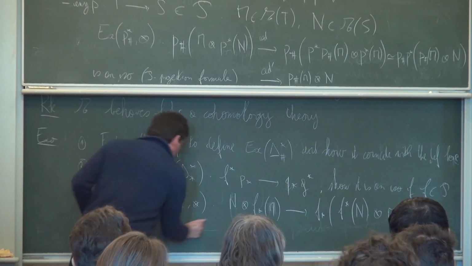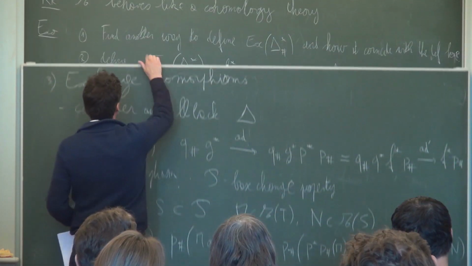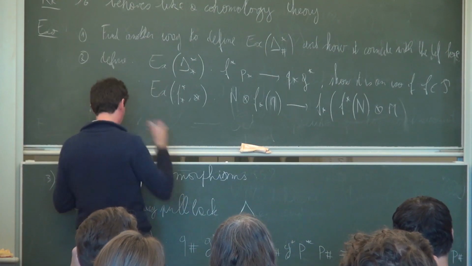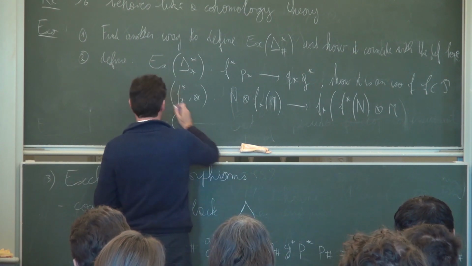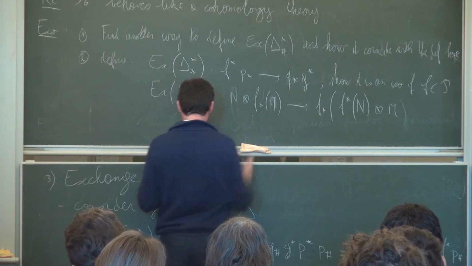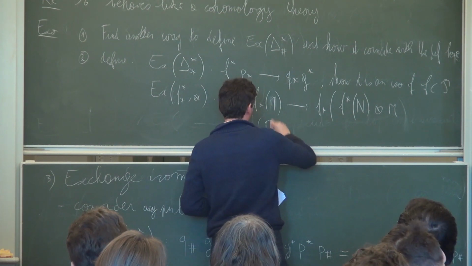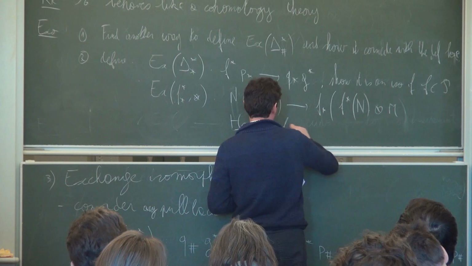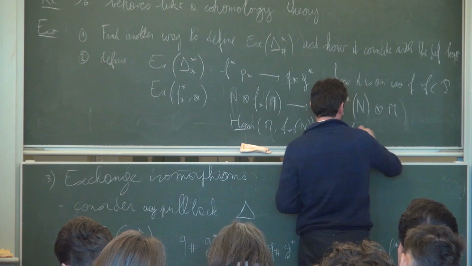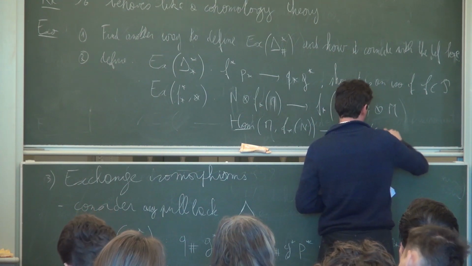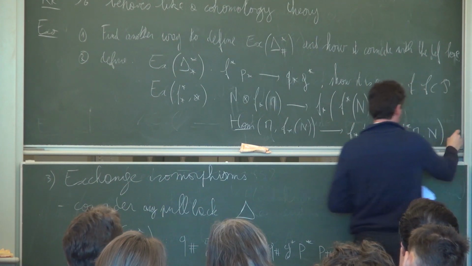Maybe I'll also give you another one. This one we usually don't use any notation for, but there's another exchange transformation from the internal Hom of M and f_* of M, and it goes to f_* of the internal Hom of f^* M and N, and so on.